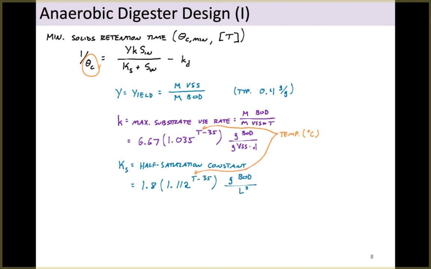That capital Ks is the half saturation constant. And again, that's describing to us how rapidly this reaction can occur. You'll see that's also got an Arrhenius formulation given here. Grams of BOD per, that says length cubed, so that should be meters cubed, for example. S in, concentration of biodegradable substrate in mass per cubic meter.